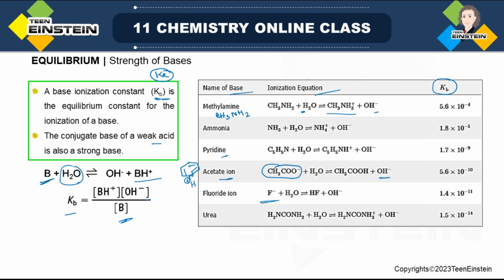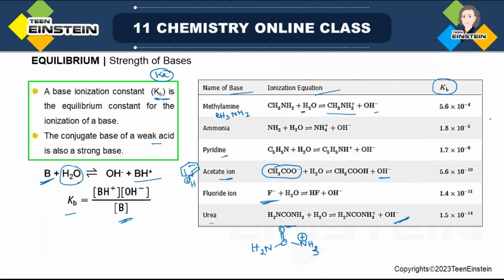Then we have fluoride ion as base, urea as base. Urea, this is the formula NH2CONH2. It is actually like this: NH2, then C double bond O, then another NH2. When it is protonated, one of the NH2 will capture a proton. Now it is NH3 plus. There is positive charge over this, and HO minus is produced.